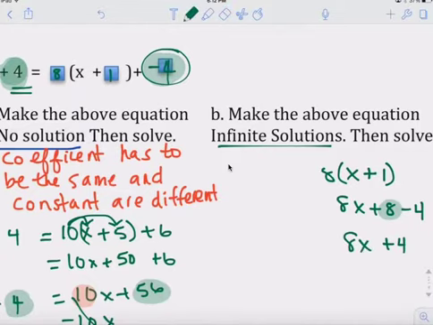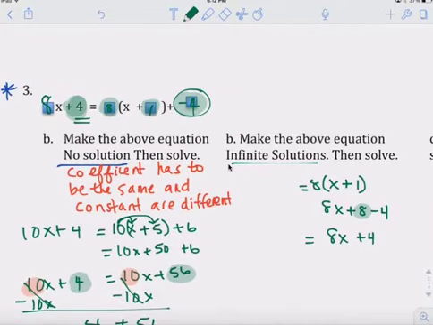This can be anything. You can choose any number you want to start out, but you have to start out with these two numbers right here. Okay, so the missing number then right here is 8 now. 8x plus 4. 8x plus 4. Okay.